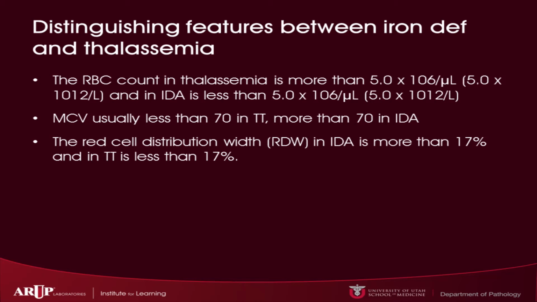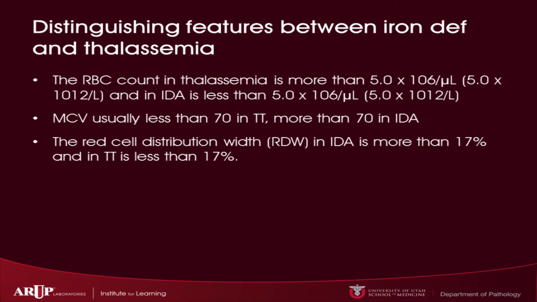So once the DNA has the mutations, they're going to remain forever. So the size of the red blood cells basically remains the same all the time. So the red cell distribution width, which tells us about the range of the size of the red blood cells, is usually normal in cases of thalassemia.